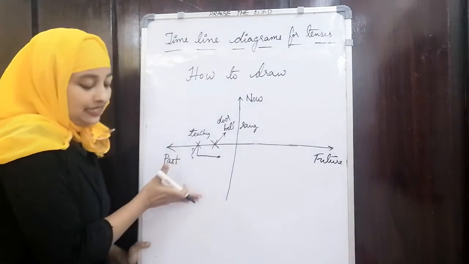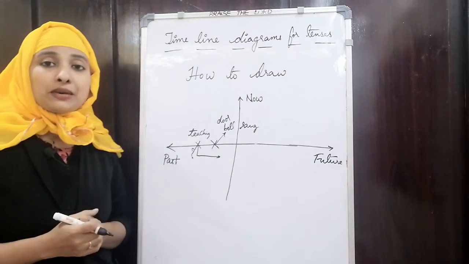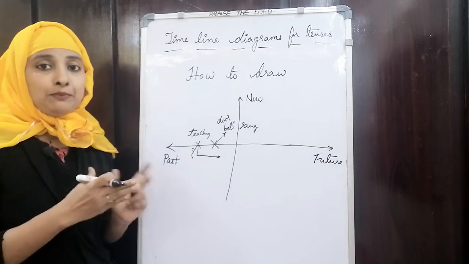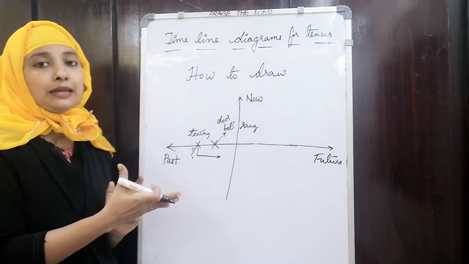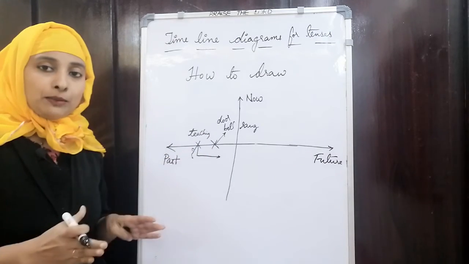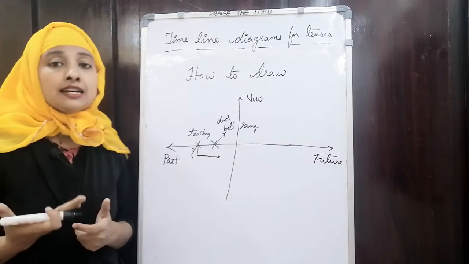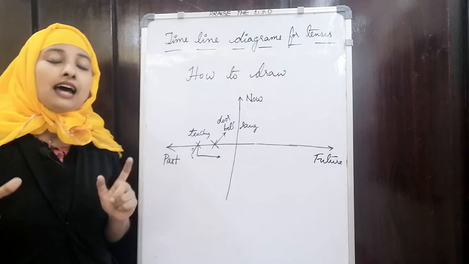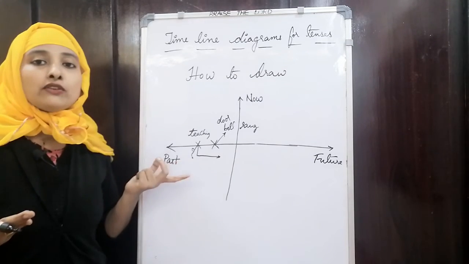Okay, so this is how the timeline diagrams are represented for tenses in particular. So what are the things which are needed for representing them? How to draw them, how to represent them. And when there are two aspects, you can even use colors to identify or represent them in a different way, so that they are two different events.